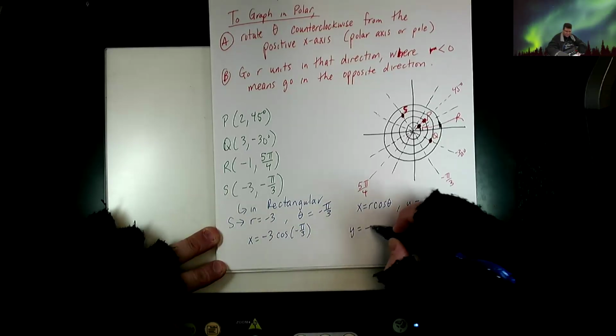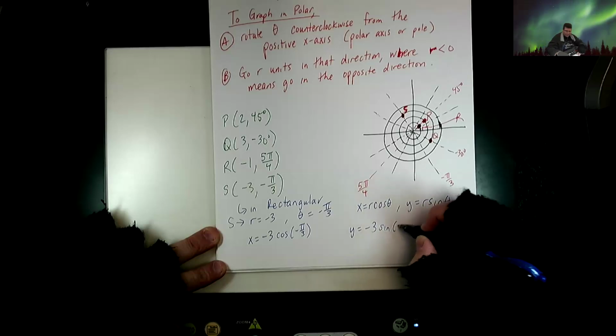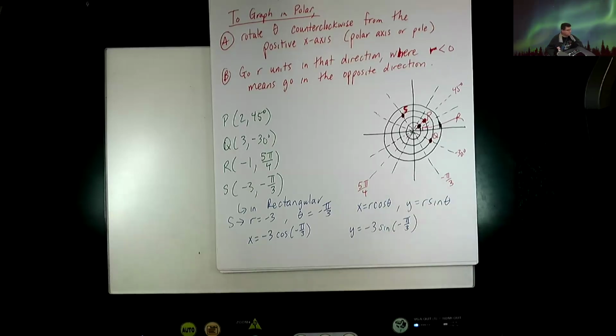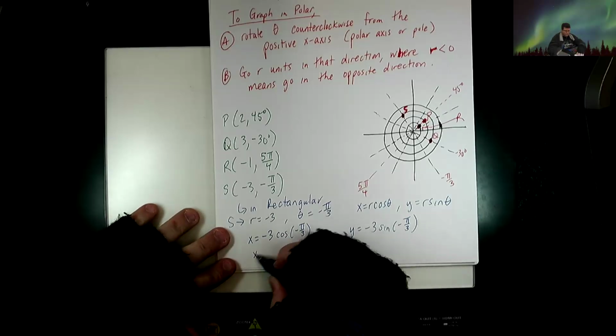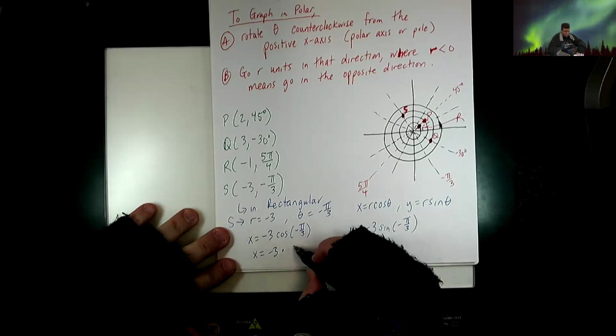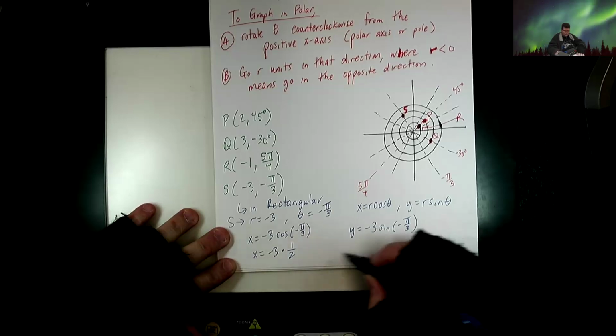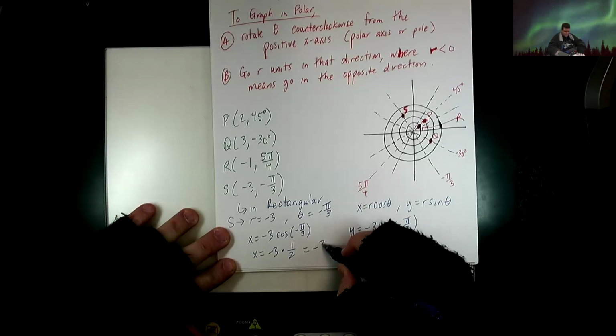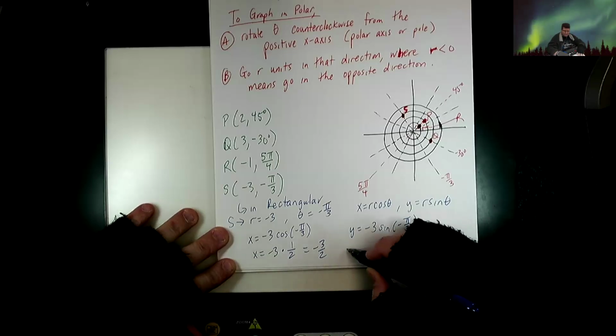And y equals negative 3 sine of negative pi over 3. Cosine is 1/2. So we get negative 3/2 for x.